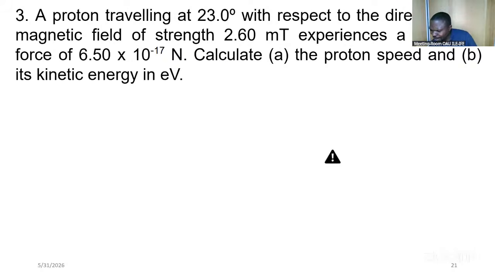And once you determine V, easily you can determine the kinetic energy. The kinetic energy is equal to what? Half m v squared. You got it right. So you plug in the speed, and you get your answer. And the mass of the proton will be given. Thank you.